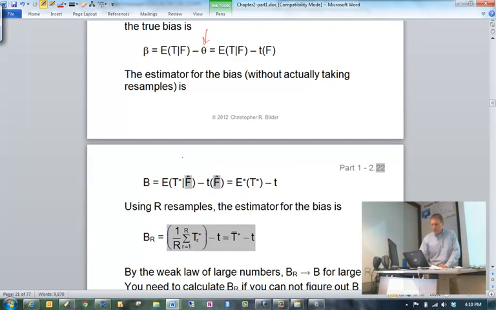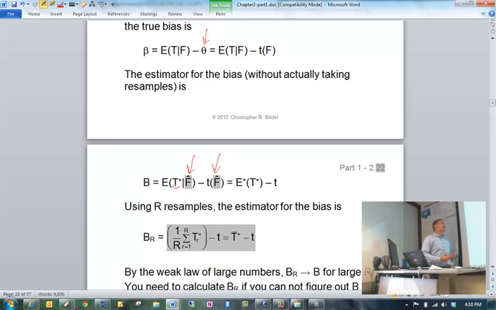So what we can do now is put hats on top of the F's. And to avoid possible confusion about what a random variable is and what distribution it comes from, we put a star also on the T to indicate that this T star comes from F hat.